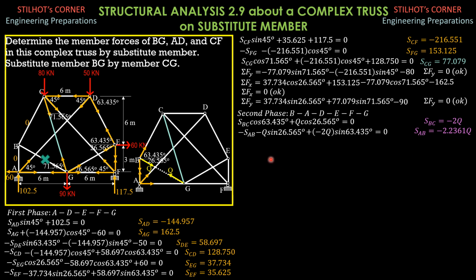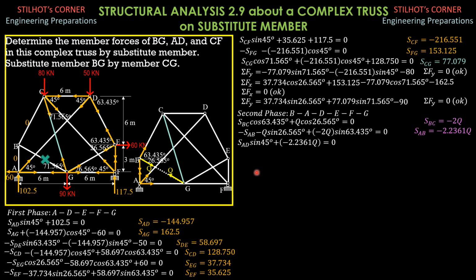So SAD is equal to 3.1623 Q. Summation of forces X equals 0. SAG plus 3.1623 Q cosine 45 degrees equals 0. So SAG is equal to negative 2.2361 Q.